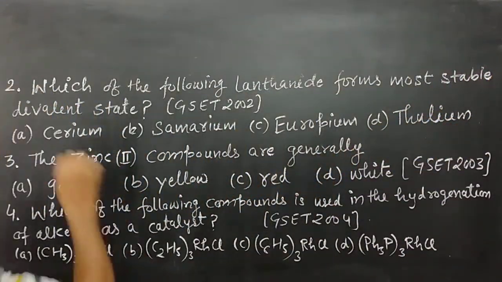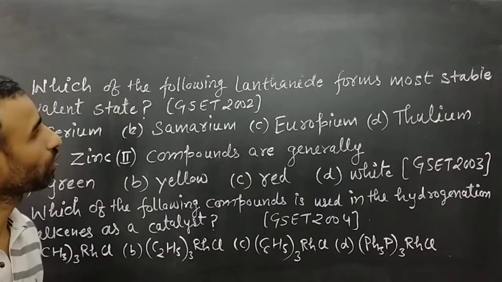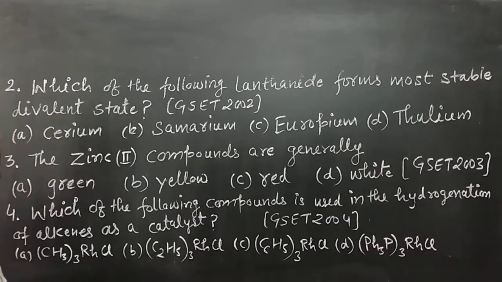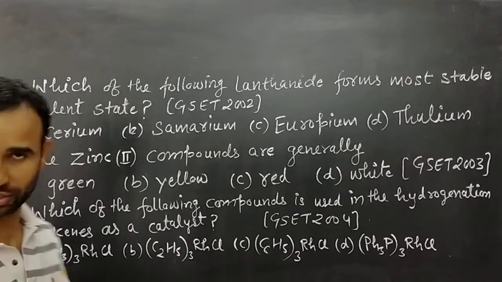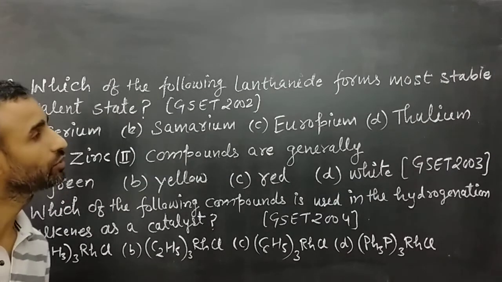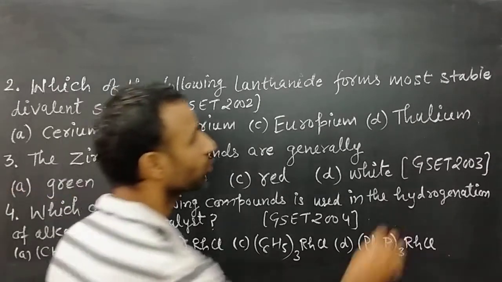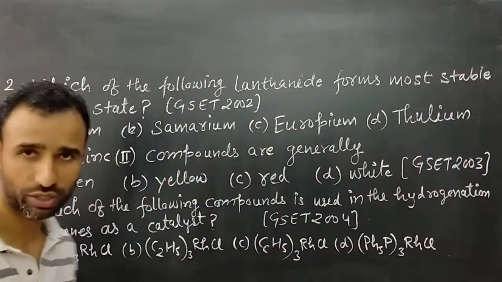Now come to question number 2. Which of the following lanthanides forms the most stable divalent state? Cerium, samarium, europium and thulium. So these are all lanthanoids.